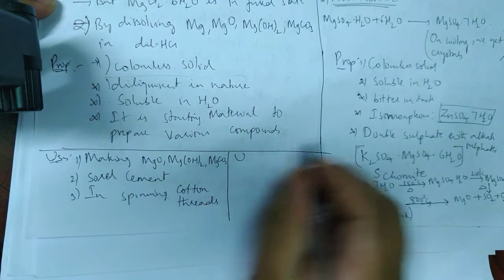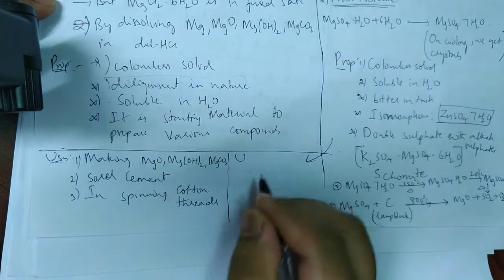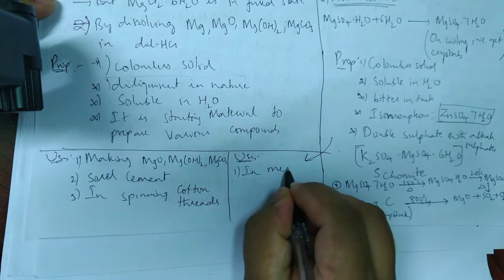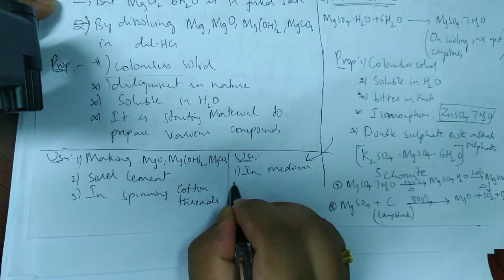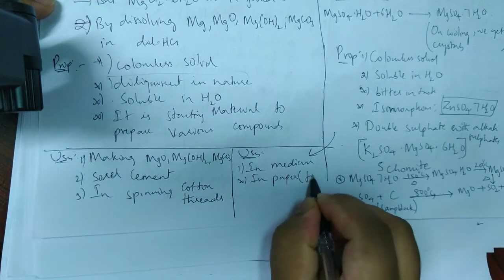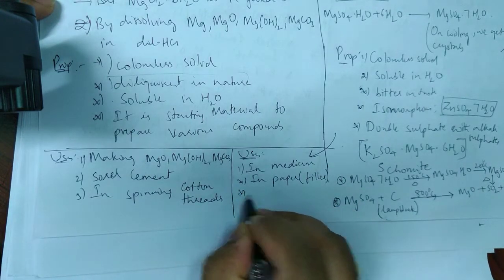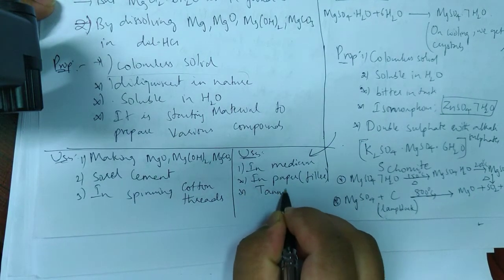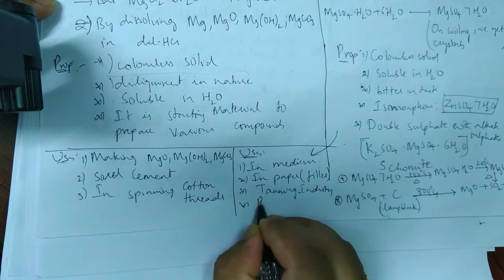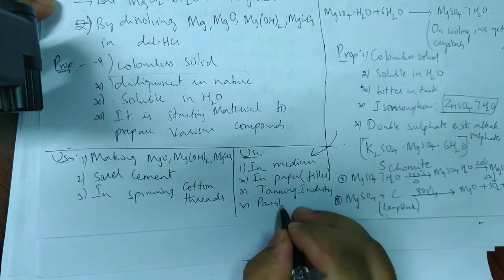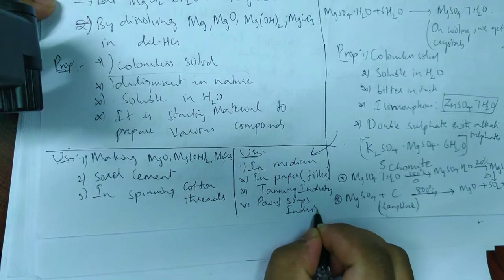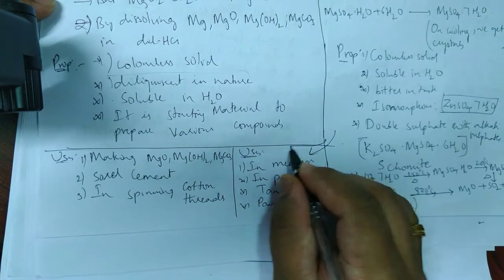So three simple uses. With respect to uses of this one, that is MgSO4, it is used in medicines, in paper making as fillers, just like the previous one, also in the tanning industry, and lastly in paints and soaps industry. So these are the uses of magnesium sulfate.